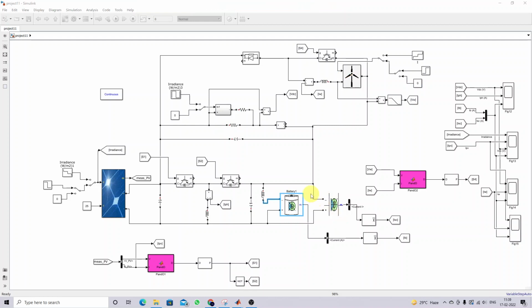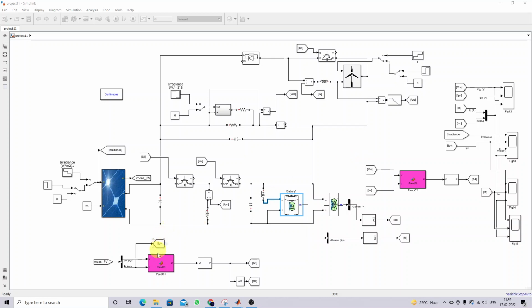And finally we can operate this same model with PV, wind, supercapacitor, battery and load. So these are the possible combinations of modes of operation of this proposed multiport converter.